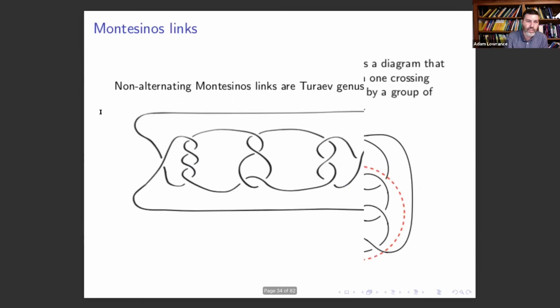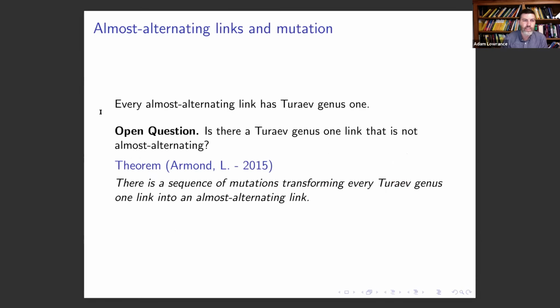It turns out that for pretzel links, there's a way to modify the diagram so that they're all almost alternating. And that algorithm actually got lifted to Montesinos links as well. And so Montesinos links are all almost alternating. The almost alternating diagrams of them are not standard pretzel diagrams or standard Montesinos link diagrams.